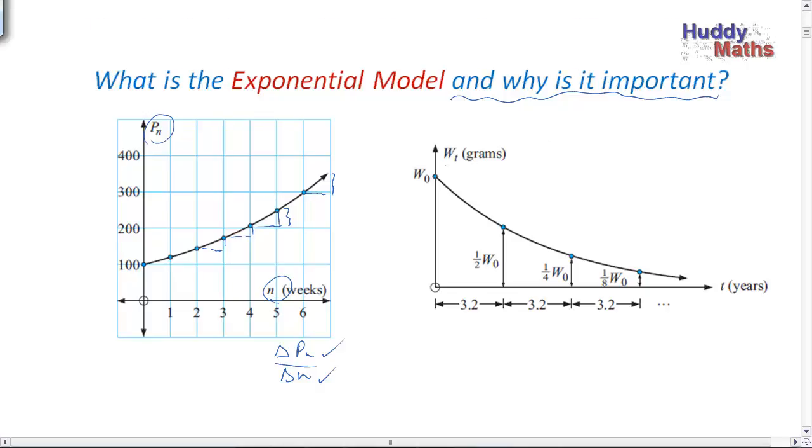And what's this over here? Grams of something with years. This is radioactive decay. Okay, so radioactive isotopes decay. Okay, and so here's our initial weight after a certain time. Here it's 3.2 years. They have a characteristic halving property here. So in a certain period, they always come down by a half.